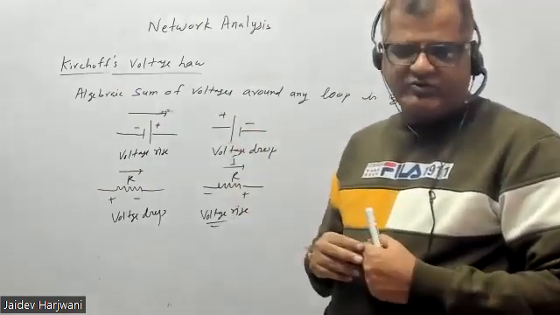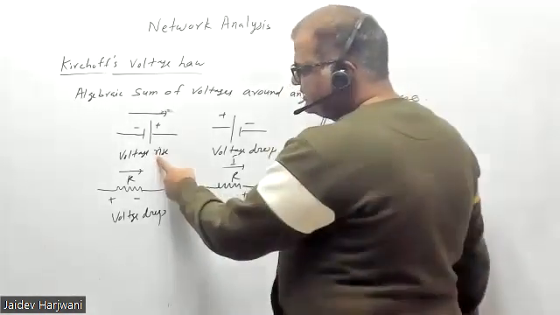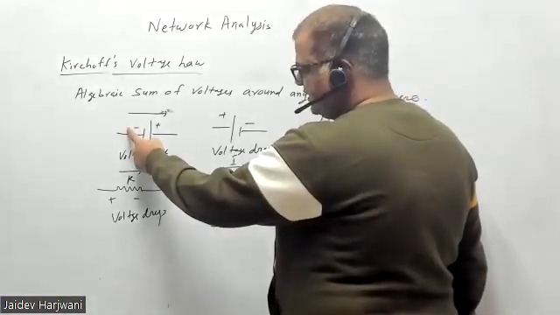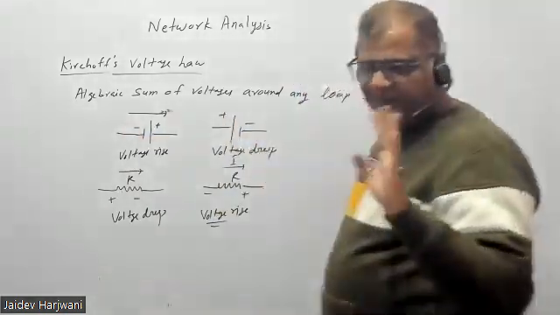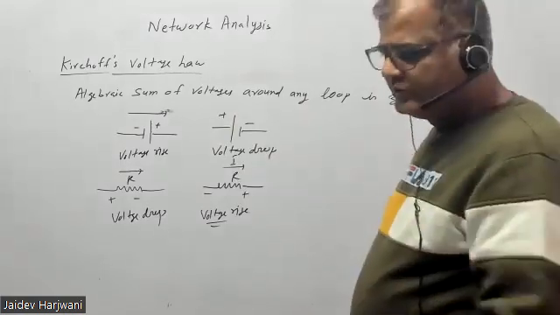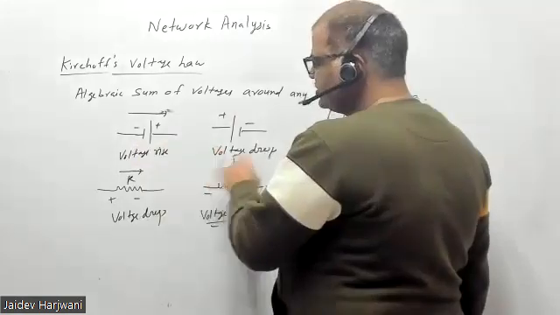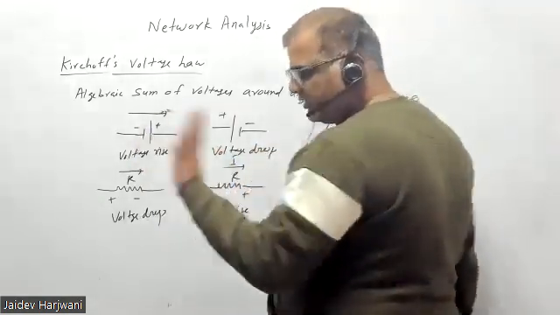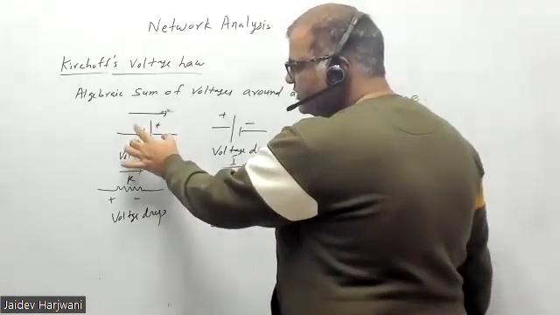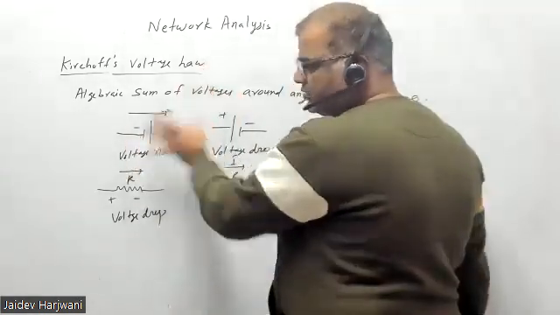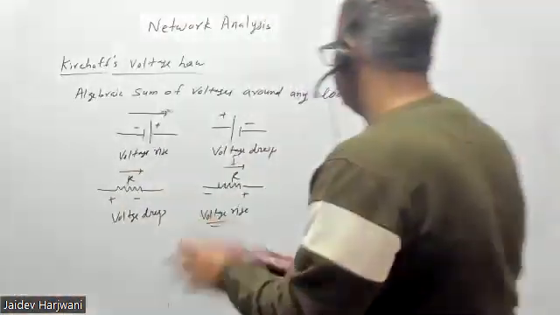But then when you say voltage rise is positive, the sign coming is negative, and for voltage drop you say negative, but the sign coming is positive. This may cause some confusion, so I advise you to take voltage rise as negative and voltage drop as positive, because now you don't have any confusion. Whatever sign comes in front of you, you put that sign with the magnitude, so there will be no issue.